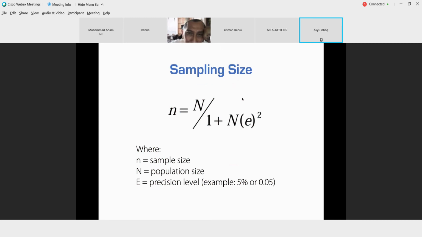Can you adopt a similar method? Yeah, you can adopt and modify, but it is good to have justification for your modification. Thank you.